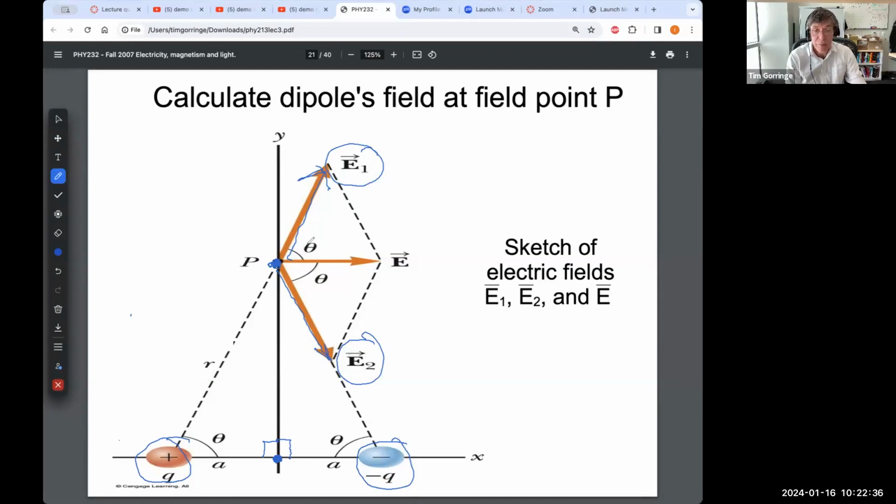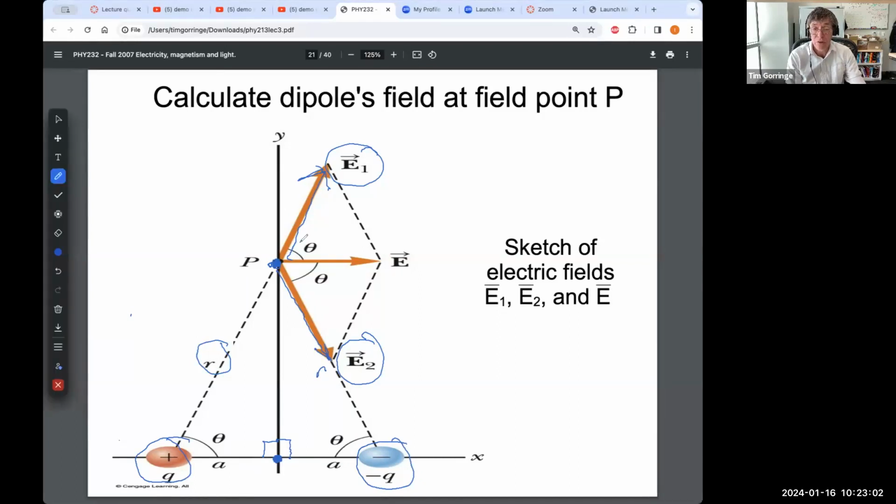Now, notice a couple of interesting things about them. The first is that since the charges have the same size, and the distances to the field point are the same, this is R, and this is R, then these two fields, E1 and E2, have the same strength.